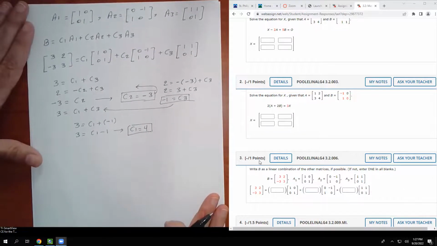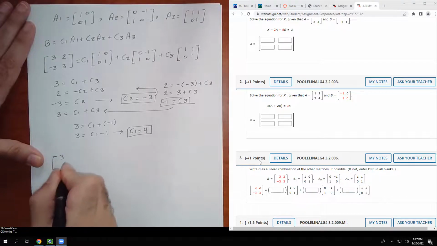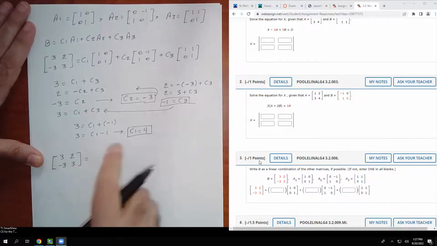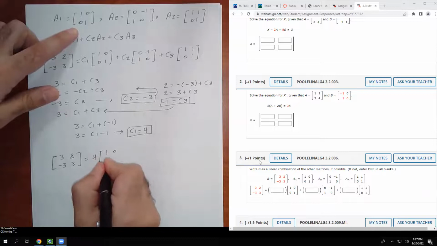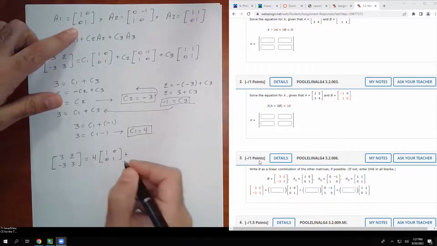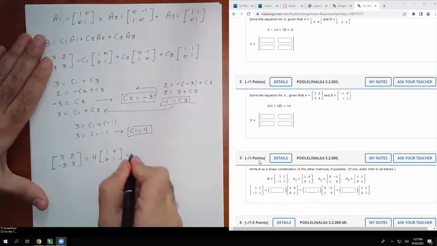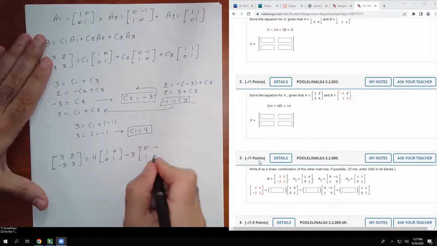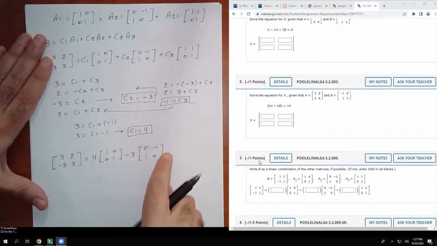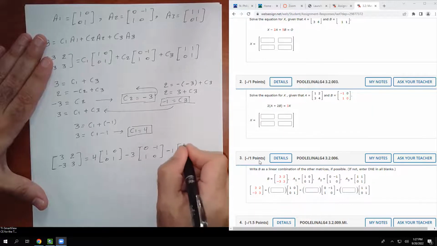That means the matrix B, which is 3, 2, -3, and 3, equals C1, which is 4, times A1, 1, 0, 0, 1, plus C2, which is -3, times A2, 0, -1, 1, 0, plus C3, which is -1, times A3, 1, 1, 0, 1.